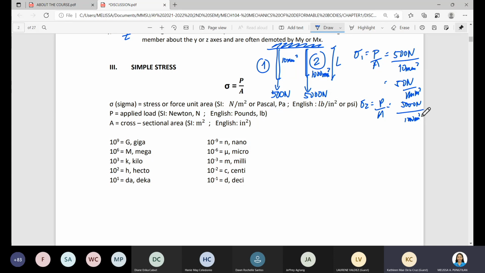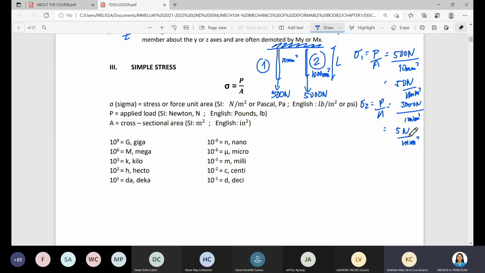So, it is equal to 5 Newton per square millimeter. So, ang ibig sabihin lang pala nito, dito sa bar 1 natin, in every square millimeter, kaya niyang magbuhat ng 50 Newton. And then dito sa bar 2 natin, in every square millimeter, ang kaya lang niyang buhatin is 5 Newton. So, saan ngayon dito yung mas malakas?